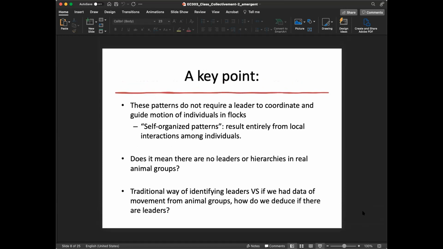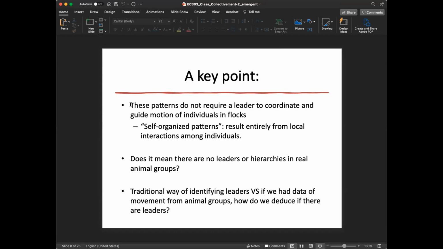In fact, even scientists think this is a very valid question. However, what these agent-based models show is that you don't need any sort of leadership to explain the pattern of collectively synchronized movement. These are sometimes called self-organized patterns because they entirely arise from local interactions that lead to macroscopic patterns.